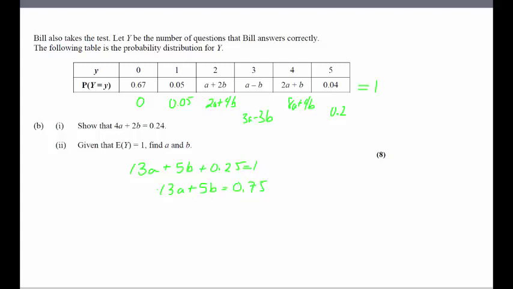Now we're going to take this equation and the one above, and we actually are going to solve simultaneous equations. So we have 4a plus 2b is equal to 0.24. And at this point, I will go onto my calculator and demonstrate how you solve two simultaneous equations.